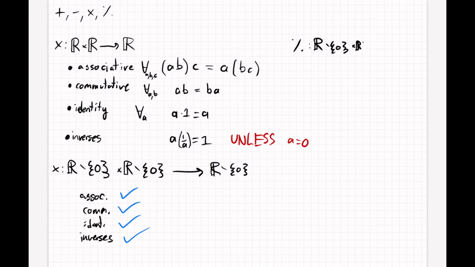Division is also not associative, which makes it really, really hard to deal with.